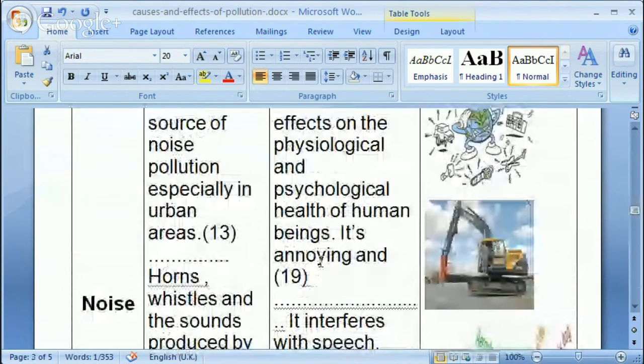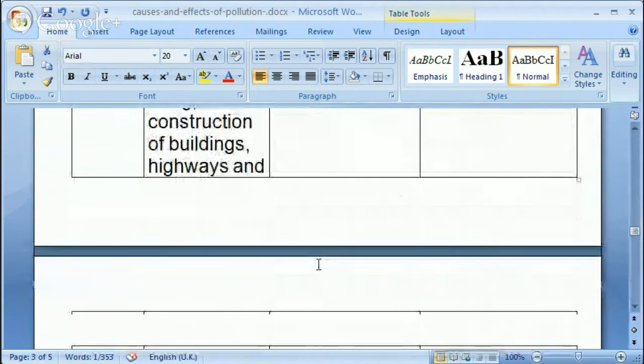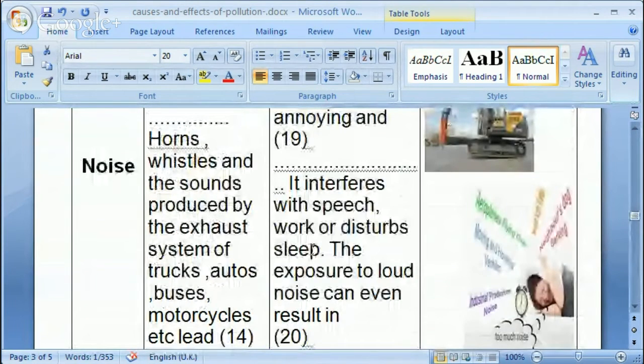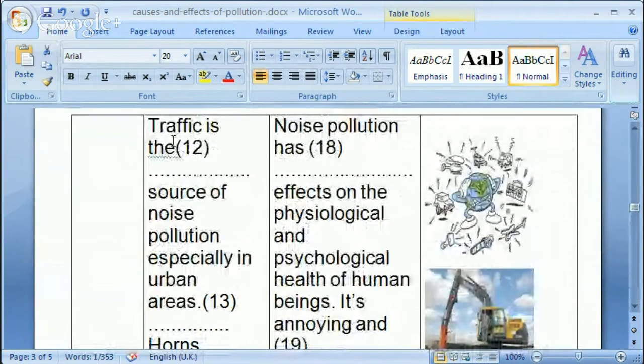Let's look at noise pollution next. Okay, noise pollution, another form of pollution. Traffic is the blank source. Okay, I have a subject noun.